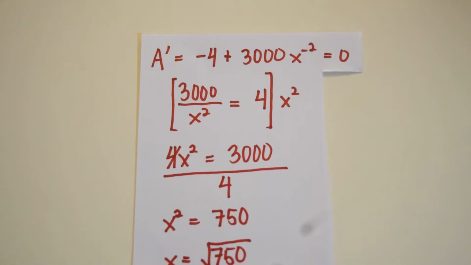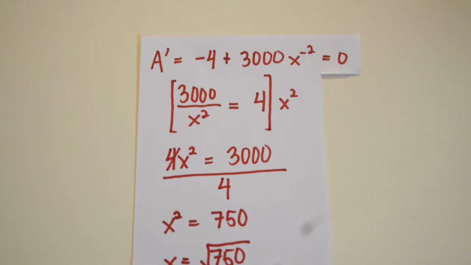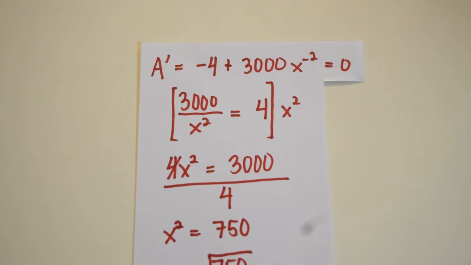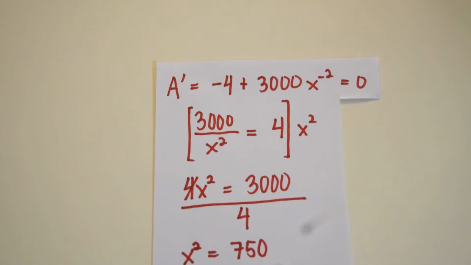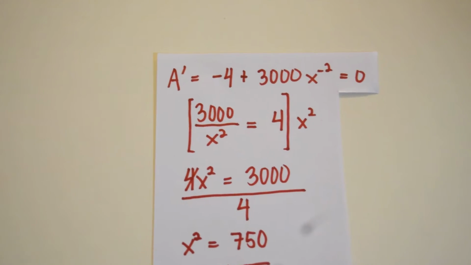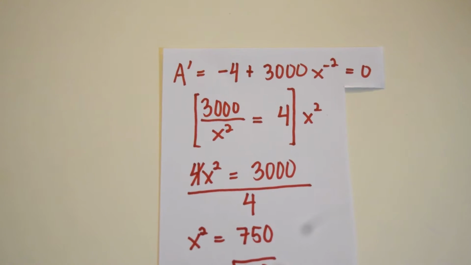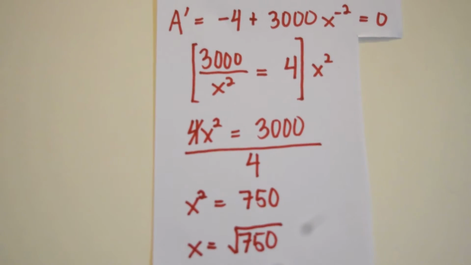Now, once we got that, we transpose the 4 so that it is convenient to simplify. To simplify, multiply both sides by x squared to cancel out the x squared. That's how we got 4x squared is equal to 3000.